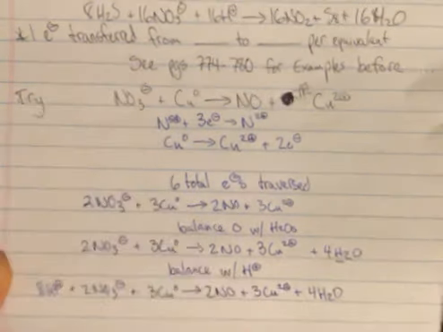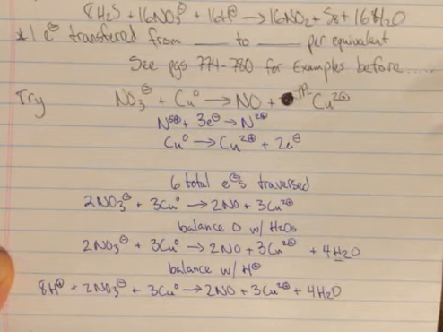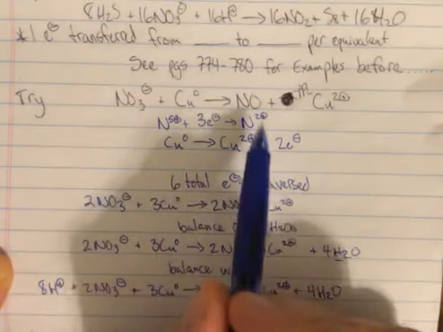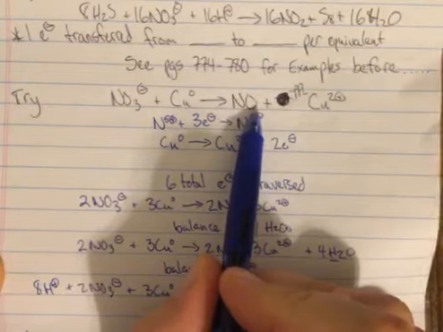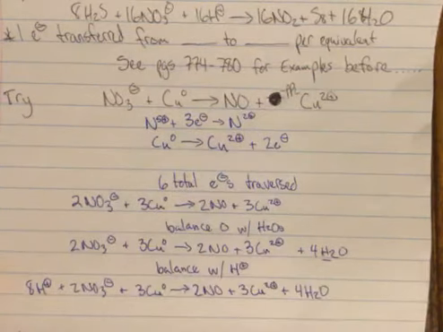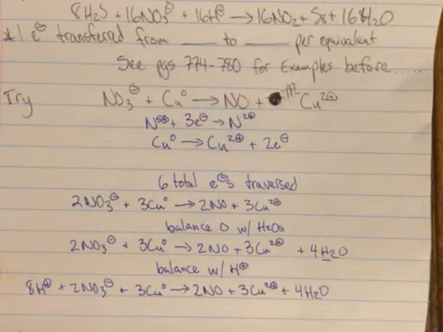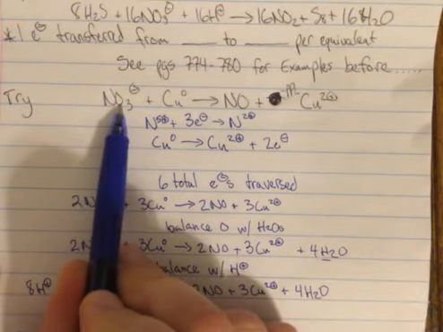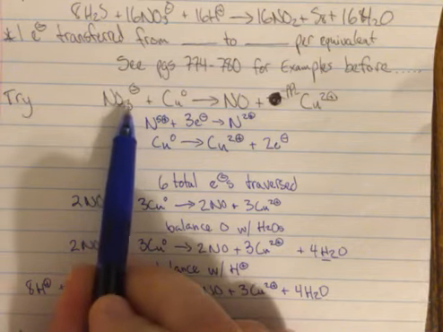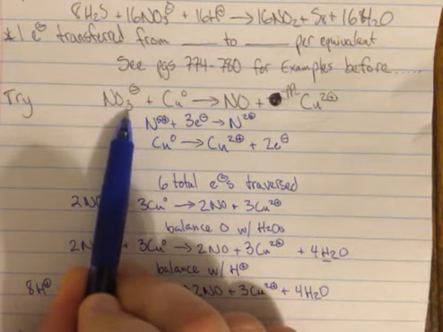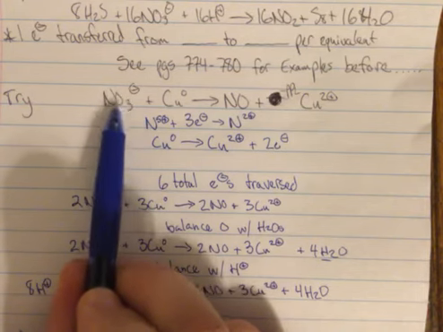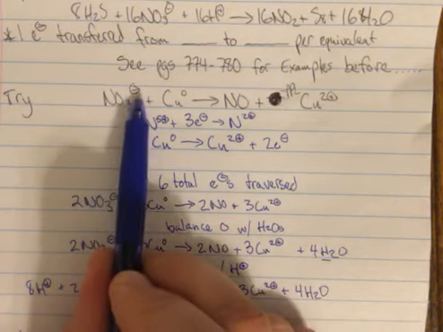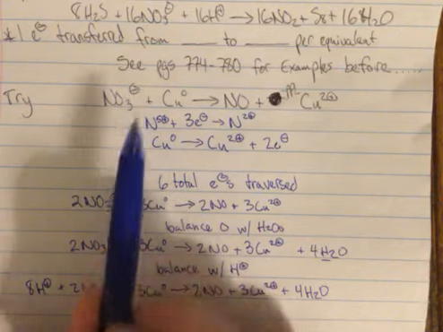So you have 1 equivalent of NO3 minus, and then copper in the solid state, followed by NO, and then copper 2 plus. So in other words, copper has lost electrons clearly, and nitrogen has gained. Now, again, assuming that oxygen is going to be 2 minus each, you're going to have 6 minus for oxygen, and then X amount of positive charge on nitrogen to give you net negative 1.